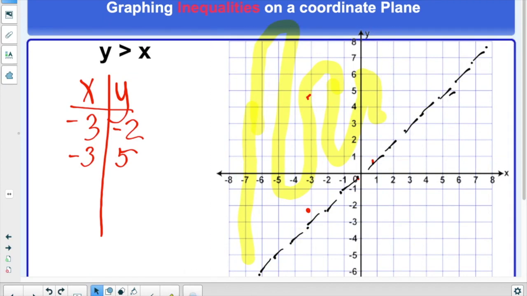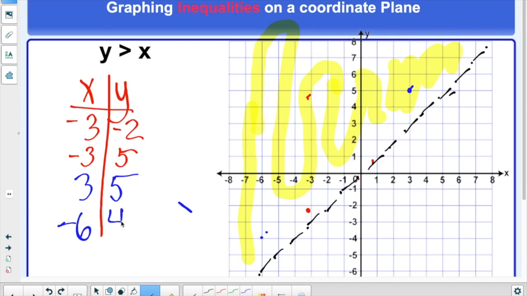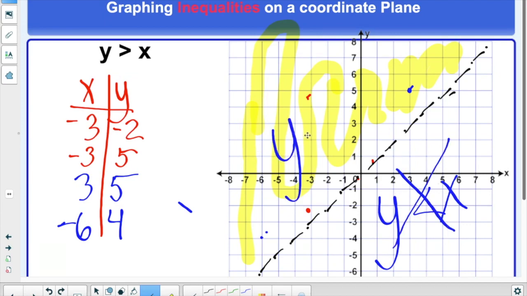Other points that I could easily identify, I'm going to put in blue for right now. Here's a point, right? (3, 5) is a point because the y value is greater than the x value. (-6, -4) would also work. Points that are definitely not a solution would lie over here, right? All the y values are actually less than the x value on this side. So that would not be okay. Up here is where all of your y values are greater than x.